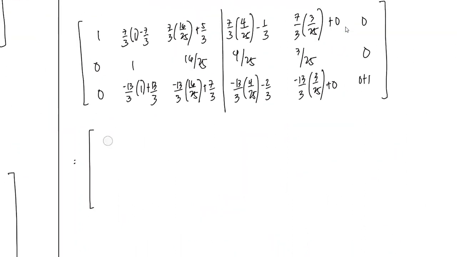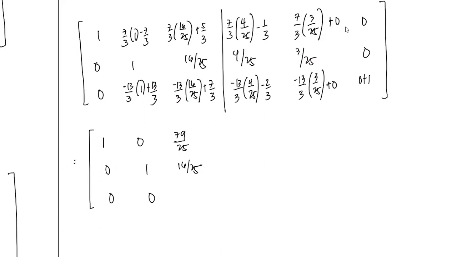Okay. 1. 0. Then 7/3 times 16 over 25 plus 5/3. That is 79 over 25. And 0, 1. 16 over 25. And then 0, 0.